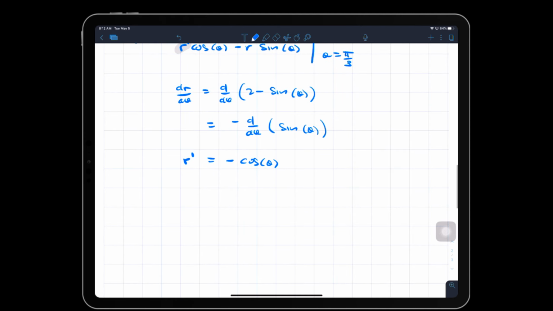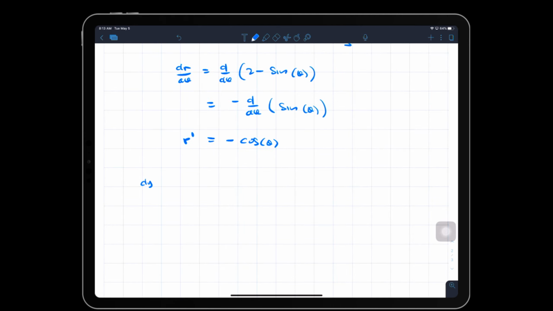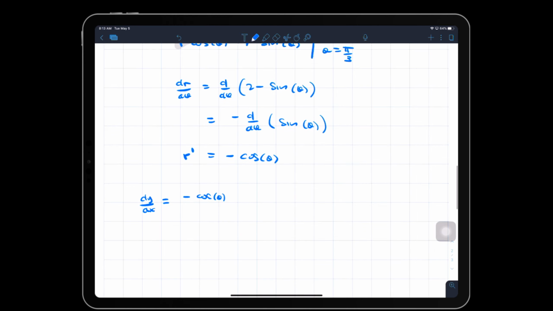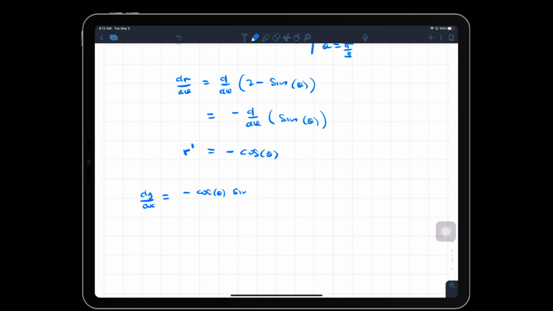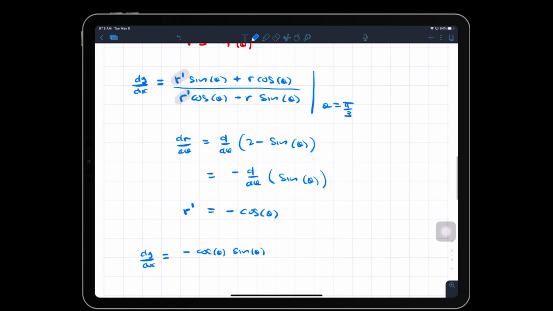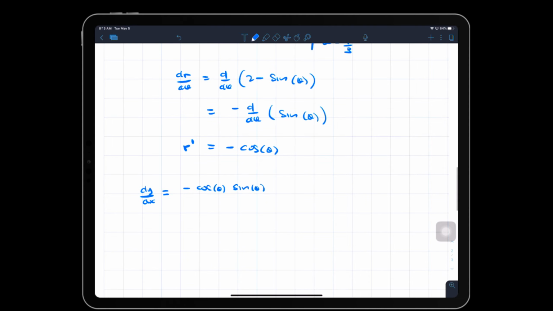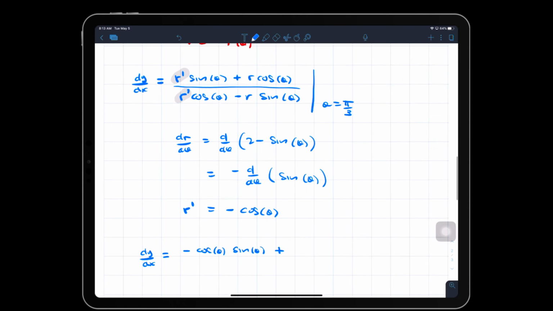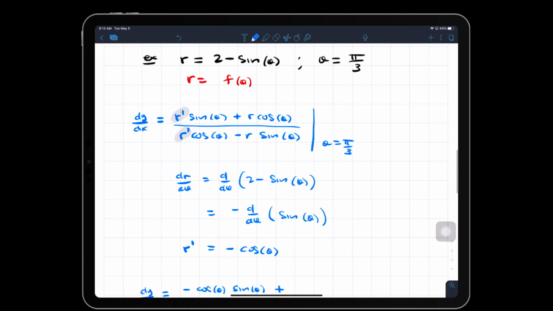And so your dy/dx then will become minus cosine theta times sine theta plus r. And you say, well, what is r here? Well, r is right here. r is 2 minus sine theta.